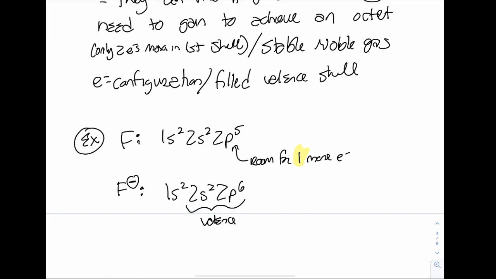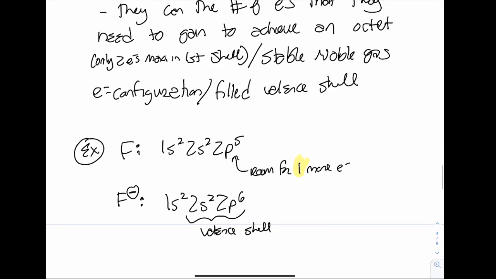It is full. That's the maximum number of electrons I can put in the second shell. I don't have d orbitals in the second shell, so I have a filled valence shell. It's an octet: 2 electrons in the s subshell, 6 electrons in the p subshell, so that's 8 electrons total. And it also has the same electron configuration as neon.